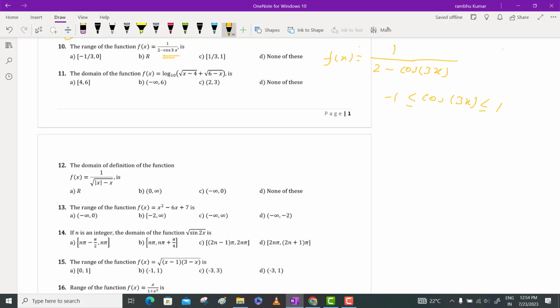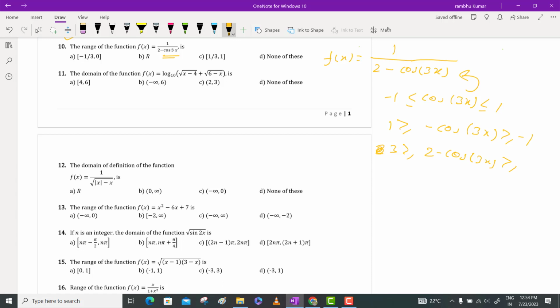So we can start from this particular expression and go till here. So multiply both the sides with minus 1. So we will have plus 1 greater than or equal to minus cos 3x greater than or equal to minus 1. Now add plus 2 to all the sides. If you add 2, this will become 3, 2 minus cos 3x, and on this side, if you add 2, this will become plus 1.